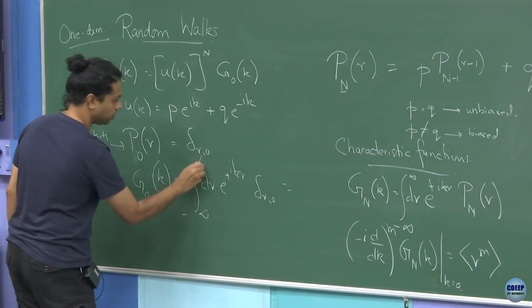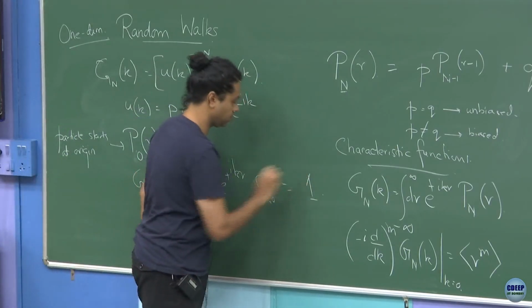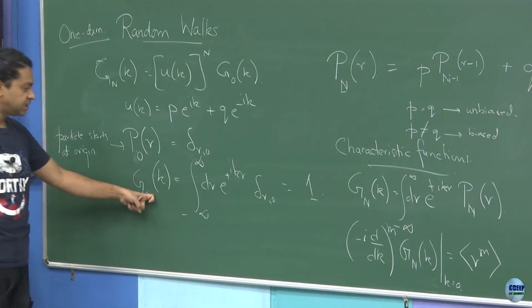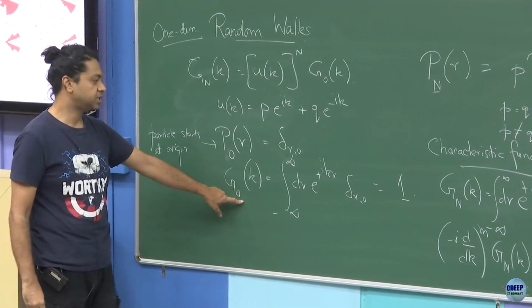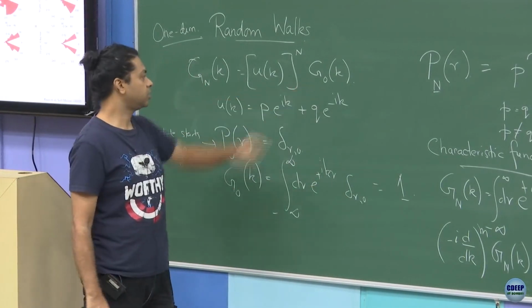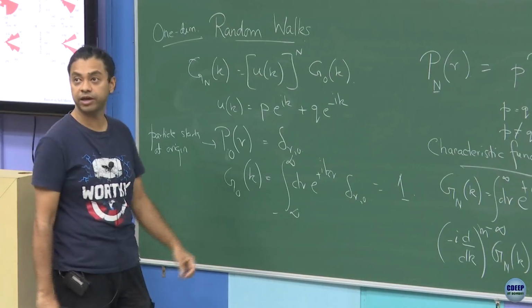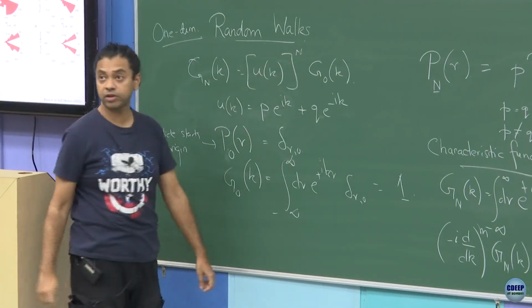So, this is just e to the power of 0, which is 1, right. So, this is my initial condition: if your particle starts at the origin, that means your G0 of k is 1. So, then you put G0 of k equal to 1 and you have solved for your Gn of k, right. Your Gn of k is just u(k) to the power of n, where your u(k) is this.